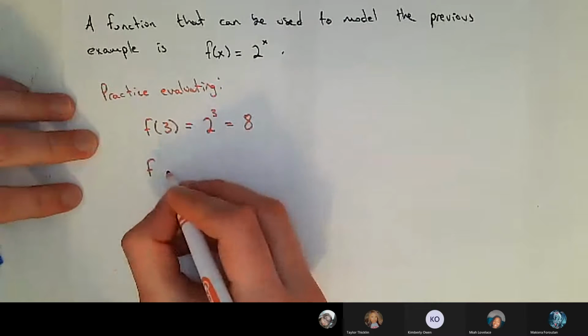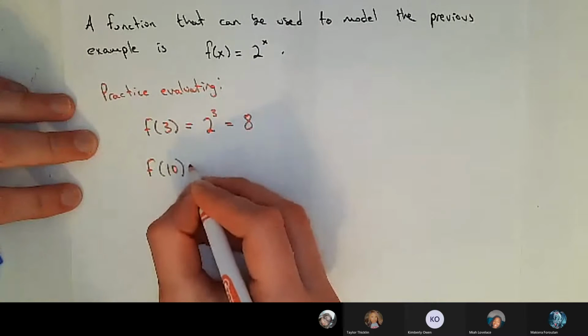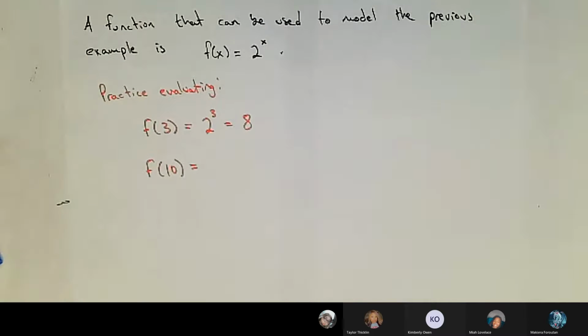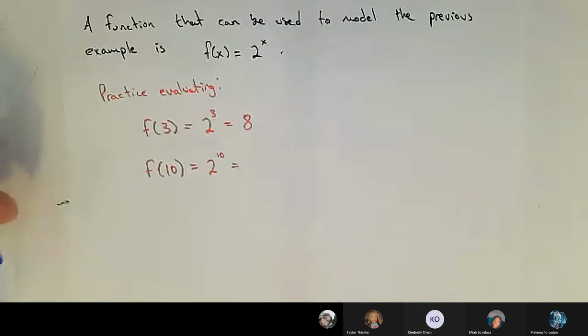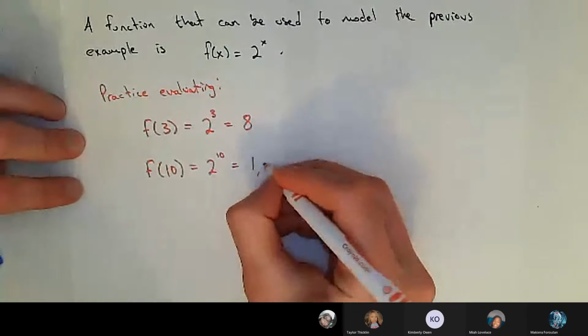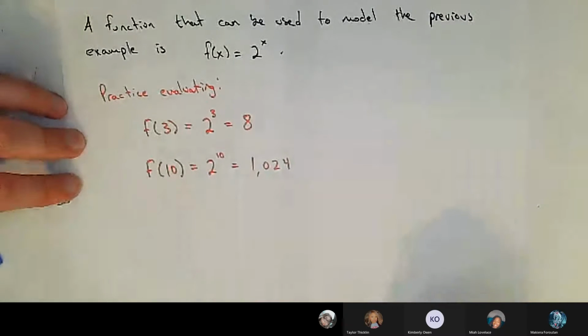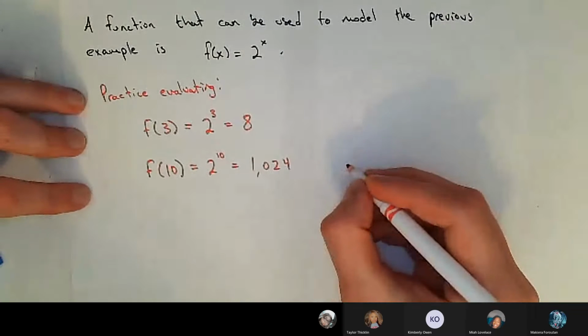What about f of 10? This would be 2 to the 10th. I don't know that off the top of my head, so I'll have to go to the calculator. 1024. By the way, when you're plugging this into the calculator, it depends on what kind of calculator you're using.